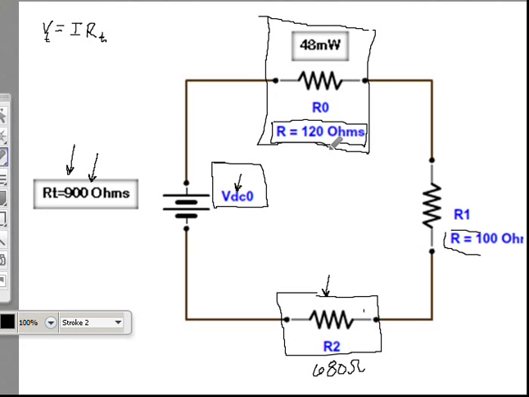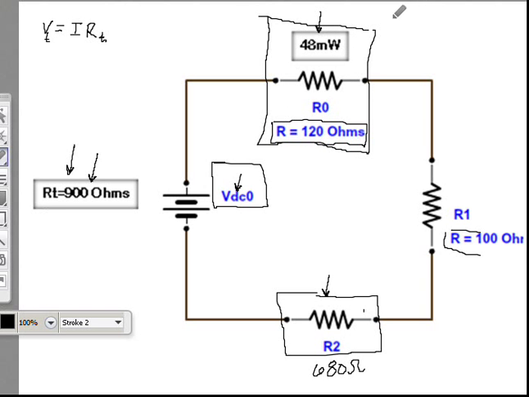And it says it's 120 ohms, and its power consumption is 48 milliwatts. So how do we figure out from power and resistance what our current is? Because, of course, current is always the thing we'd be going for anyway.